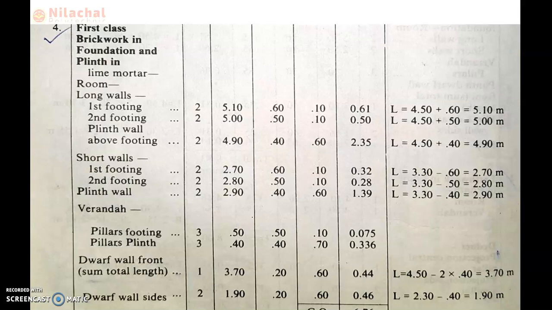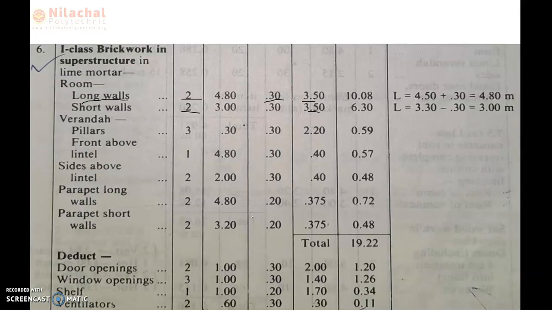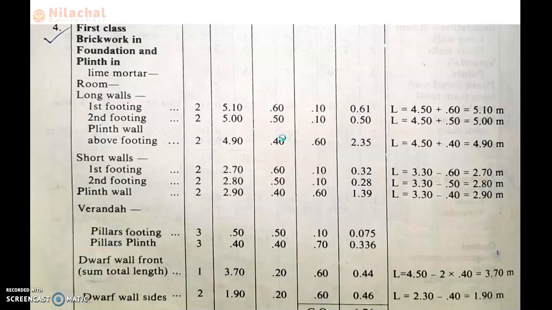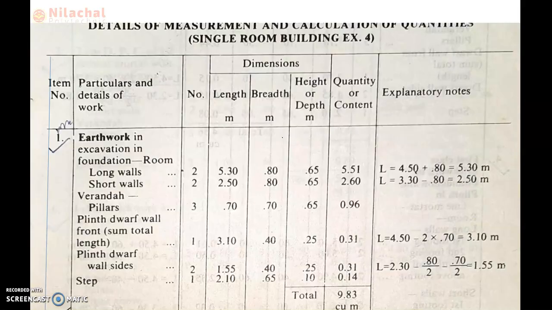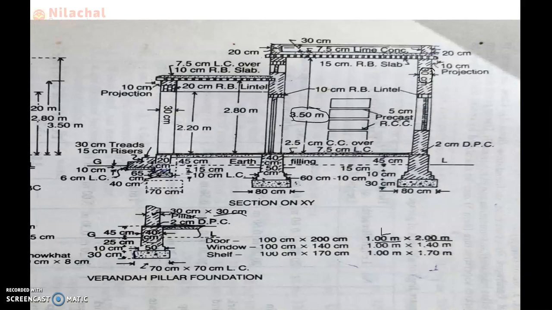So here we can write the pillar length is 30 centimeter and breadth is also 30 centimeter, length is 0.30 meter and breadth is also 0.30 meter. Then we need to check what is the height of the pillar. In case of height, we consider from the figure what is the height of the pillar. So here the pillar height is clearly indicated as 2.20 meter.